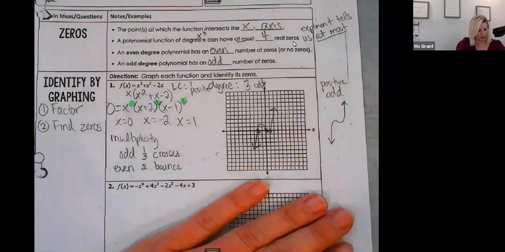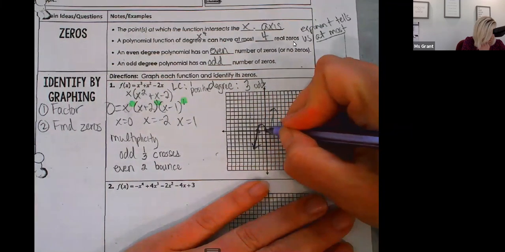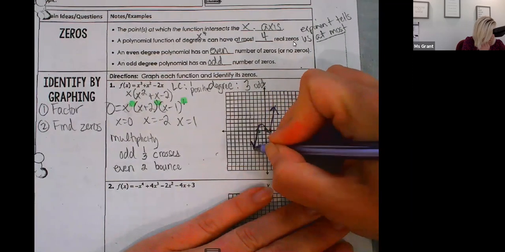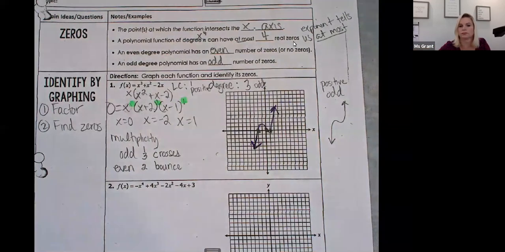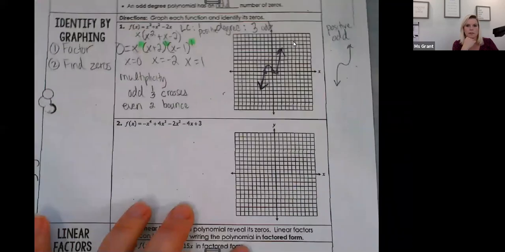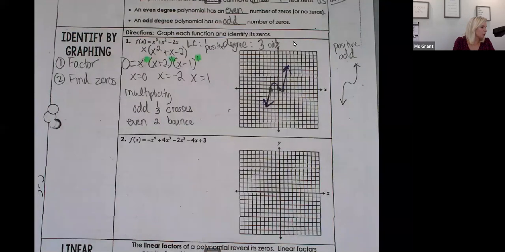And I can even do that in a color. All right. That was easy because that polynomial was factorable.